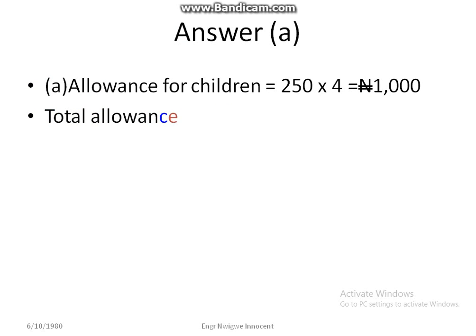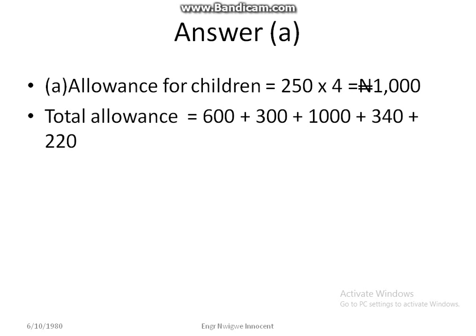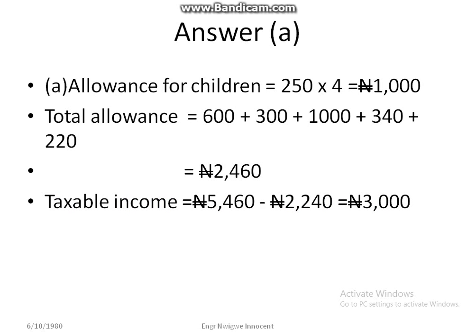Total allowance is now equal to 600 plus 300 plus 1,000 plus 340 plus 220, which is equal to 2,460 naira. Taxable income will now be equal to 5,460 minus 2,460 naira, which will give us 3,000 naira.